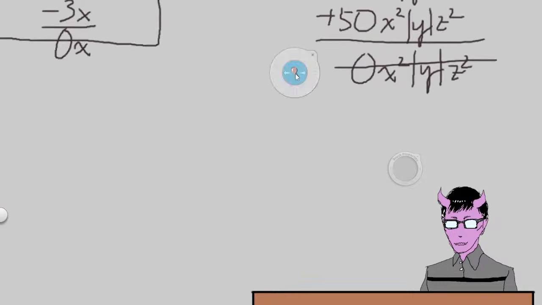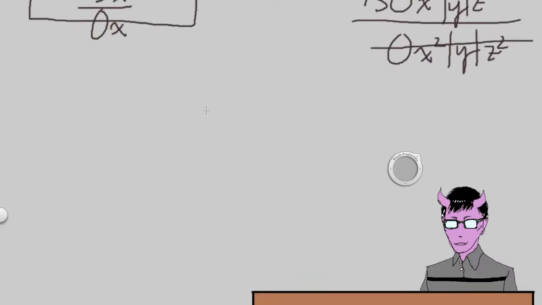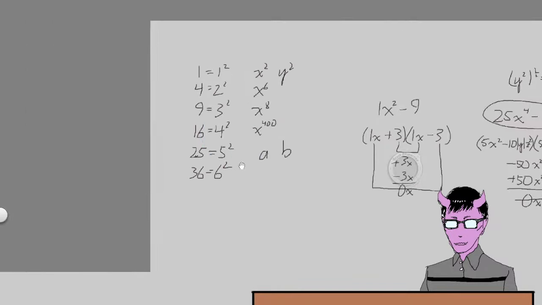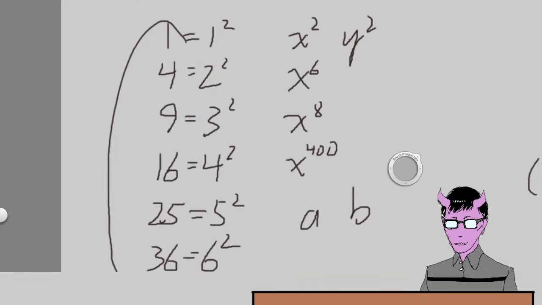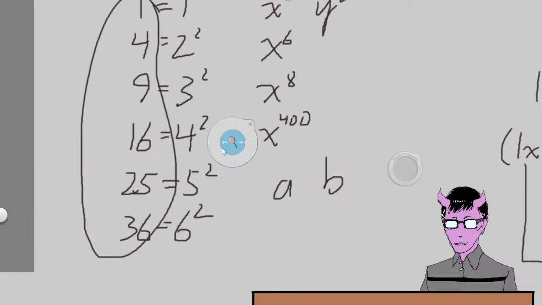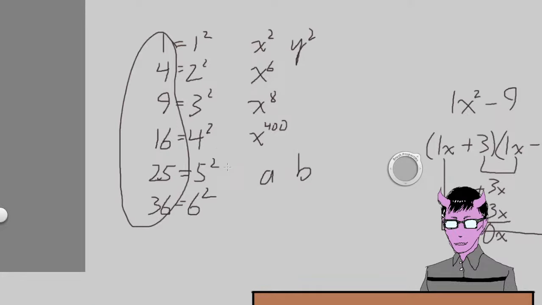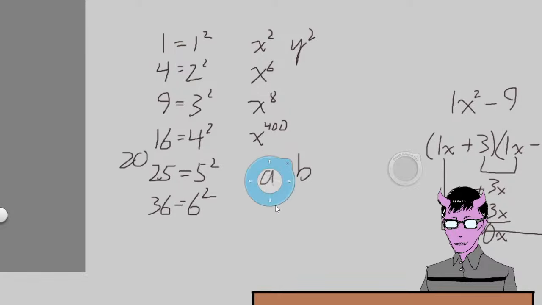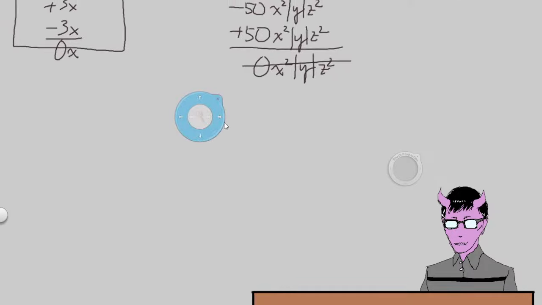Do you always have to have a perfect square? No. Look at these numbers right here. The problem maker was being nice, giving you perfect squares, but will you always get perfect squares? For example, can you get something funky like a 20? Yes, depending on how annoying someone wants to make a problem.